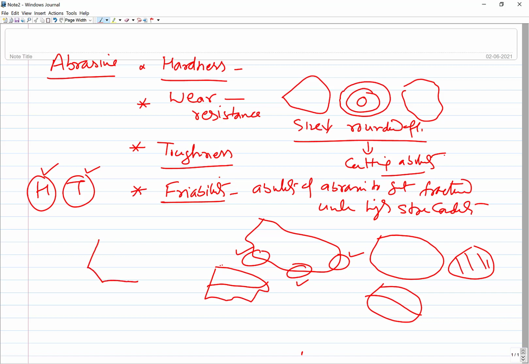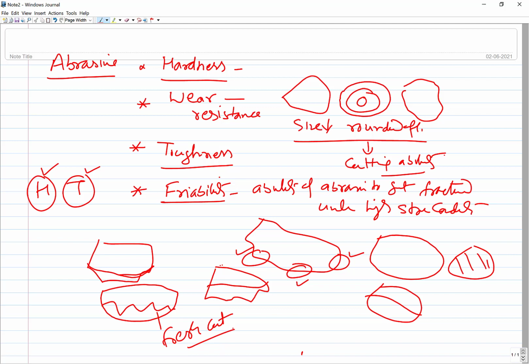Initially, say it had sharp edges like this, and once it gets rounded off like this, as soon as it gets rounded off, it gets fractured. Since it is hard, strong and tough, as soon as it fractures, it again produces fresh cut sharp edges. So the friability is about the ability of the abrasives to get fractured under high stress conditions, so that fresh sharp cutting edges are produced. This is one.